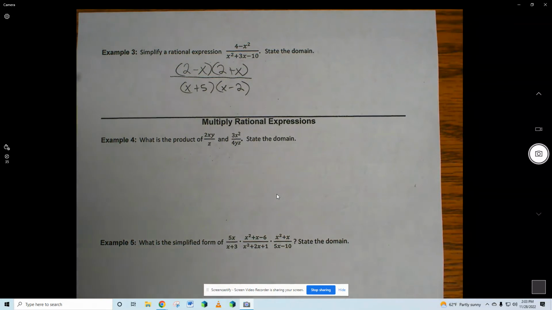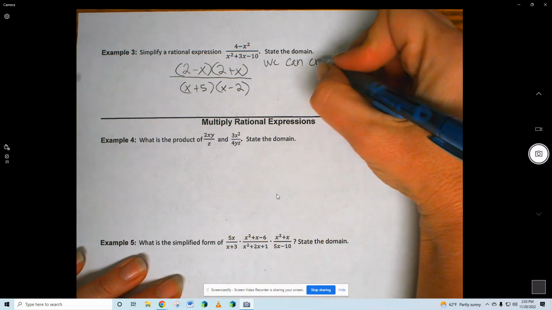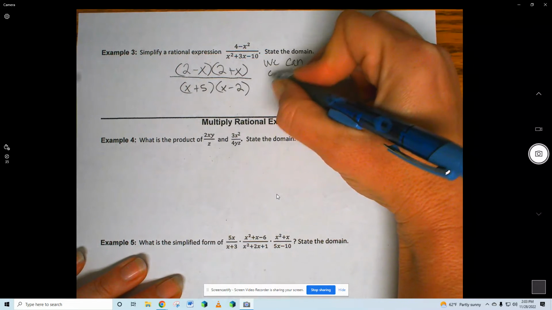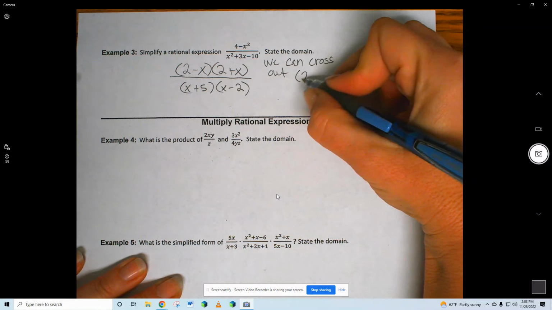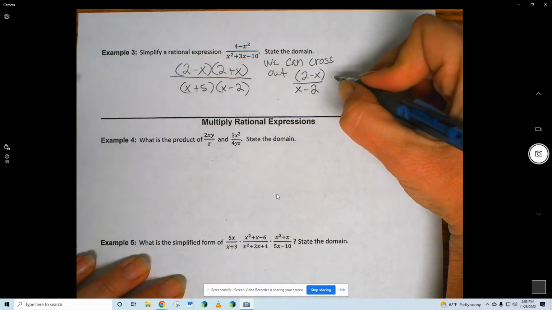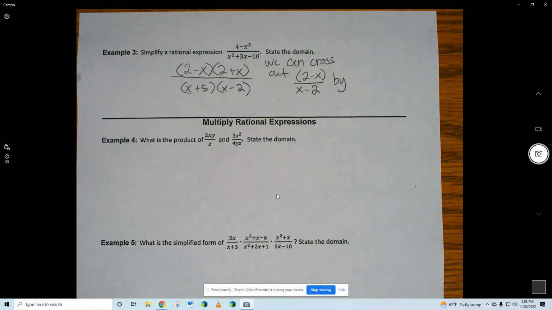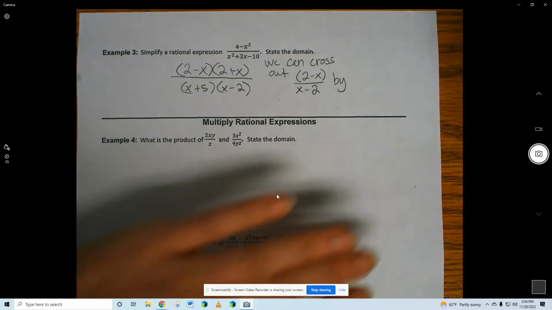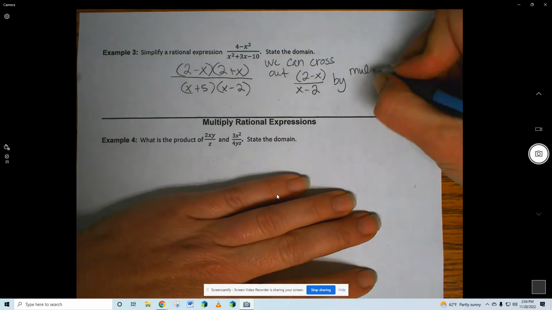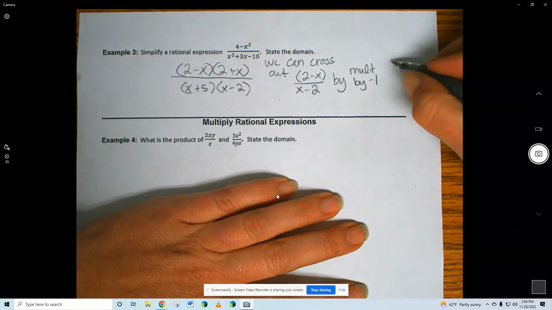I cannot guarantee that you've ever seen this before, but we can cross out the 2 minus x over the x minus 2. If I multiply by negative 1, I would get this.